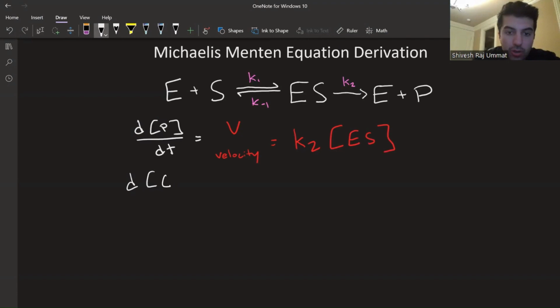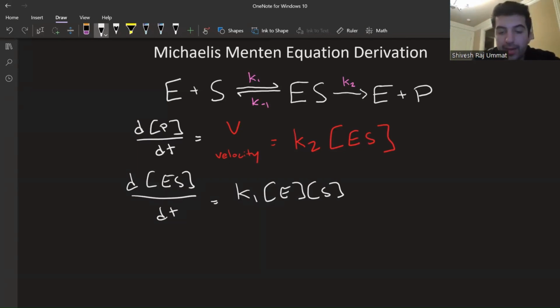We can also write the rate of change for this ES complex, and we know that this is going to be equal to the rate at which it is produced minus the rate at which it is consumed. And there's two different rates of consumption, so K minus 1 and the K2 here.